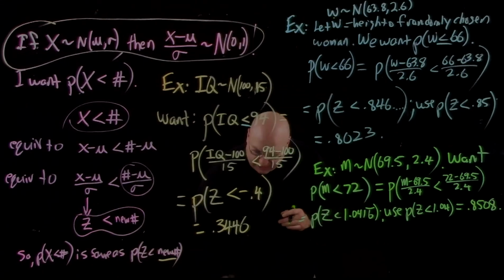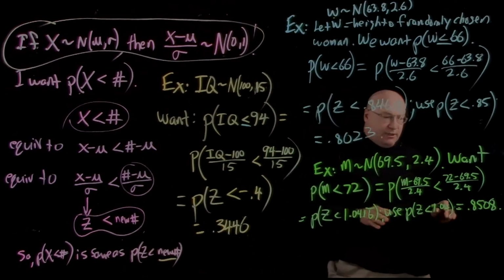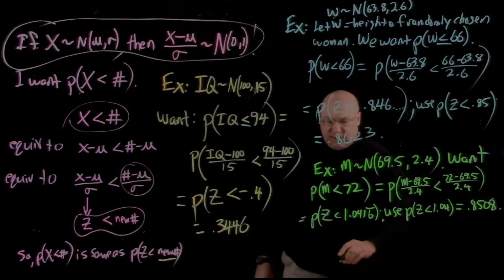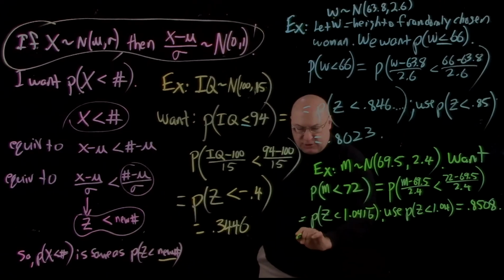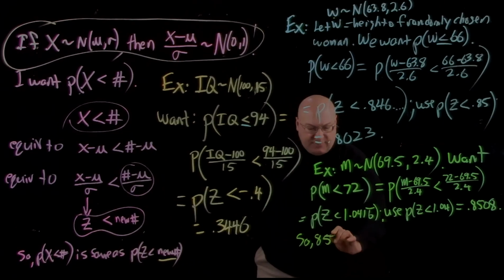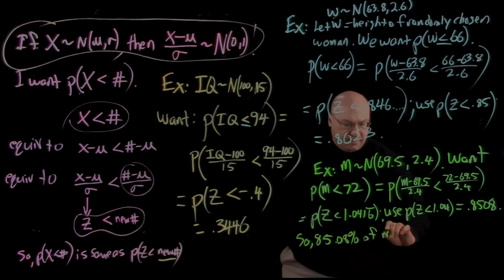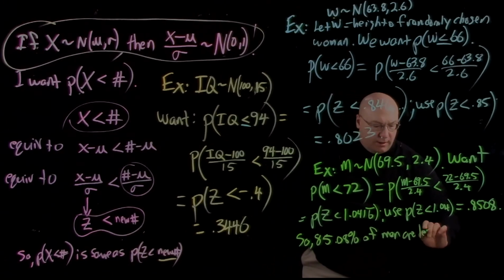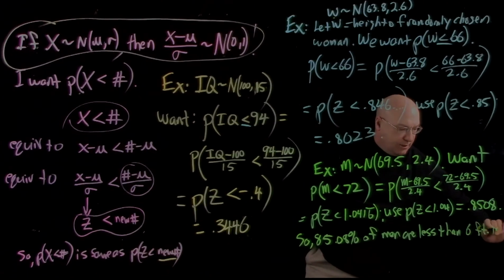I do want to say one more thing, and that is, in fact, let me finish this a little bit. The answer is 0.8508. So let's say what we want is the problem asks for the fraction of men that are less than 6 feet tall. So we should say, 85.08% of men are less than 6 feet tall.